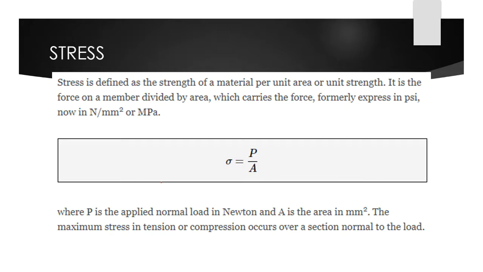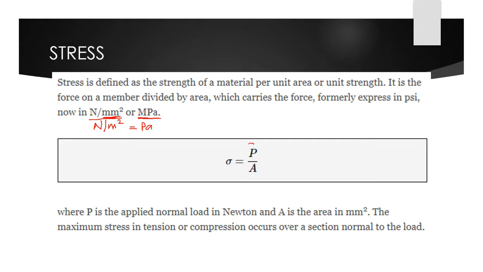Stress is also defined as the strength of material per unit area or unit strength. It is the force on a member divided by the area which carries the force, formerly expressed in psi. Now it's expressed in N per mm squared. If it's mm squared, that is equivalent to megapascal. But if it's N per m squared, that is just equivalent to Pascal.